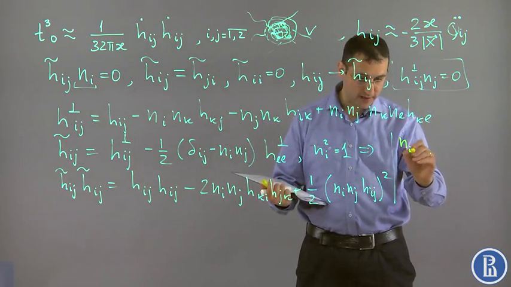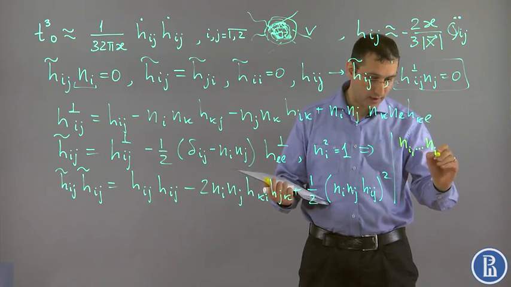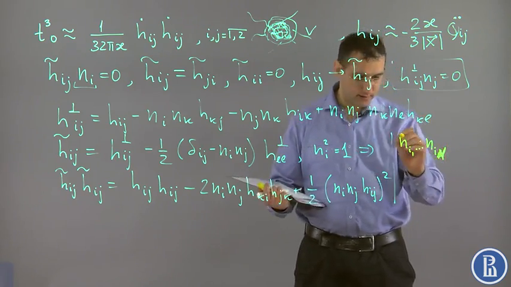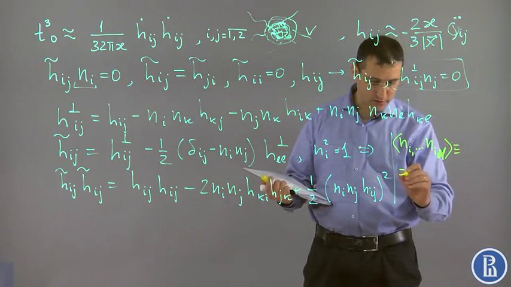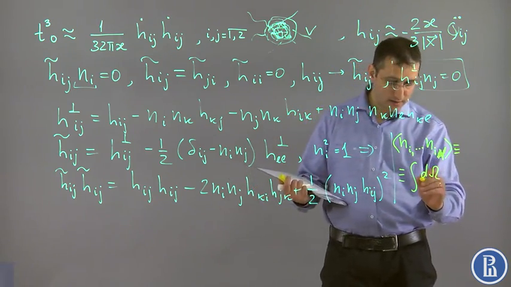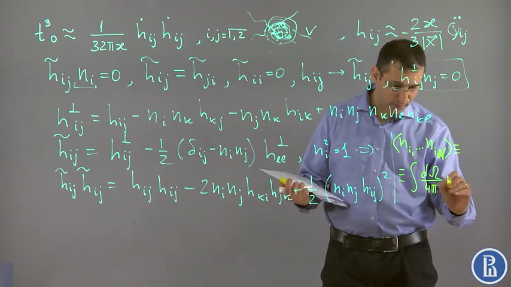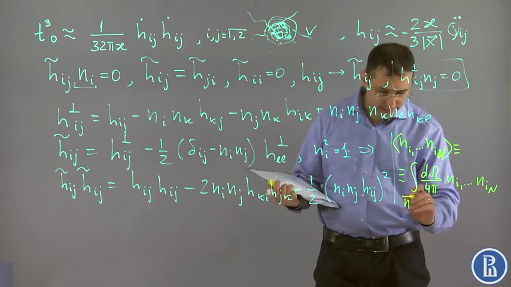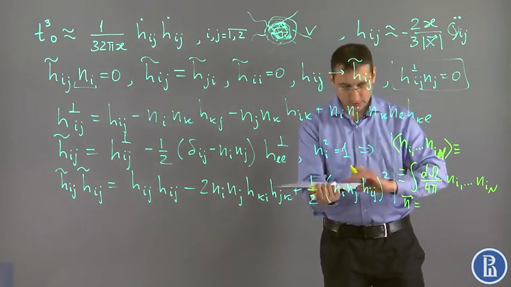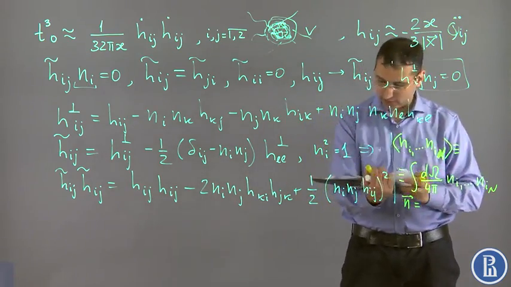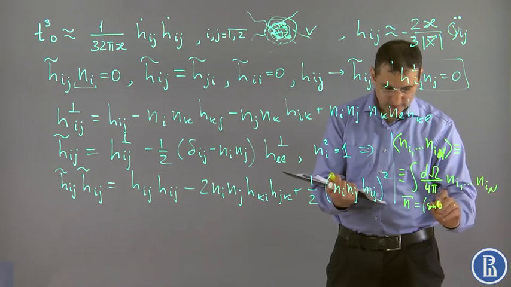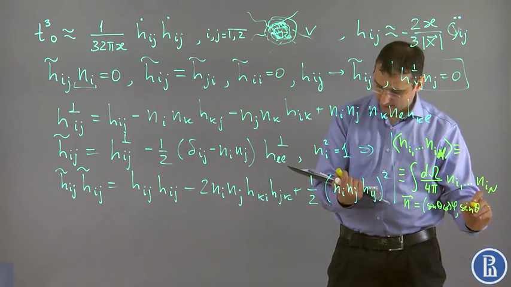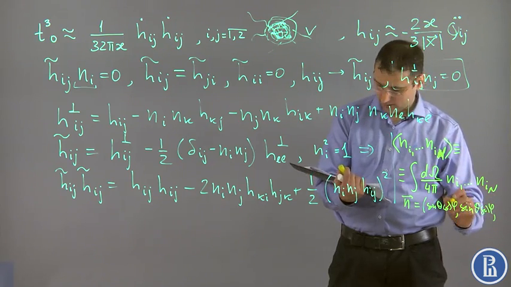If you have a bunch of vectors n_i1 up to n_iN, this average is by definition the integral over the solid angle over 4 pi of the product of the n's, where the components of vector n are sine theta cosine phi, sine theta sine phi, and cosine theta.